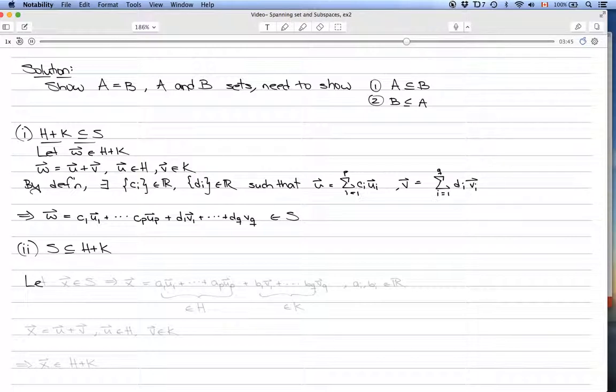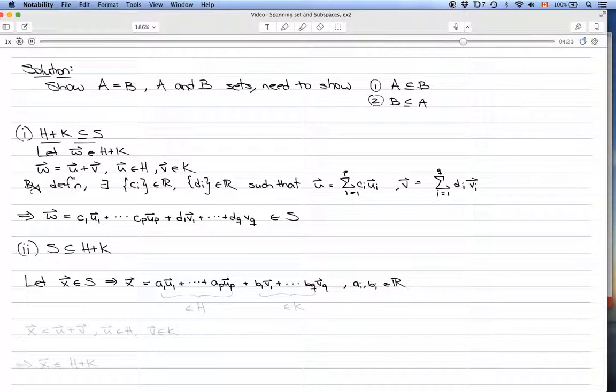We let x be any element in S, and we have to show it's an element of H plus K. Well, by definition of being in S, that means that x is a linear combination of the ui's and vi's. So x is equal to a1 u1 plus ... ap up plus b1 v1 plus ... bq vq for some constants ai, bi.